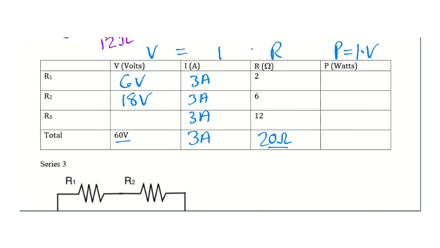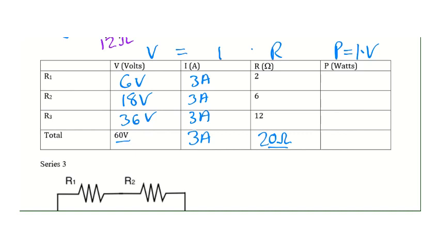And 3 amps times 12 ohms means I should lose 36 volts across resistor 3. So you can check on your calculator. Go ahead and add 6 plus 18 plus 36. And I think you're going to find that you get 60 volts total, which is consistent with the rule for voltage in a series circuit that it adds.